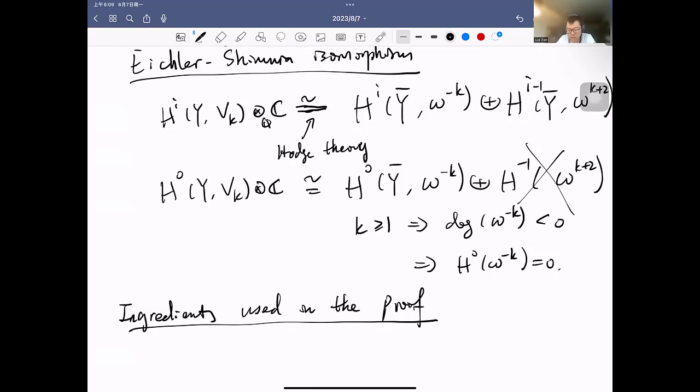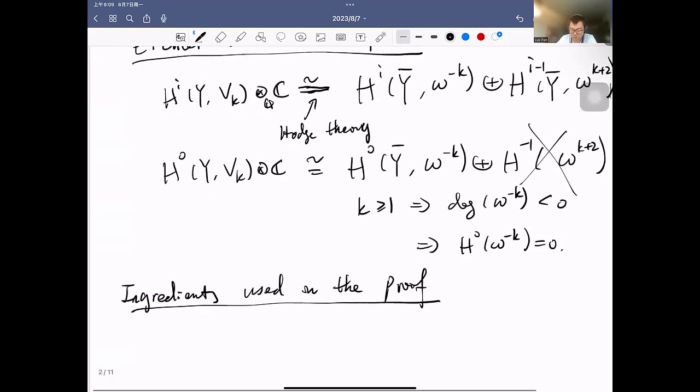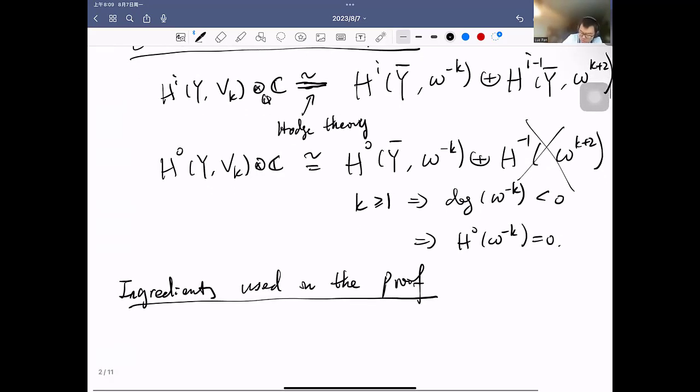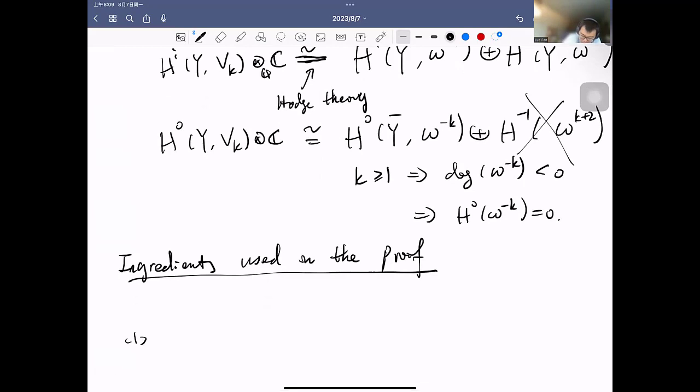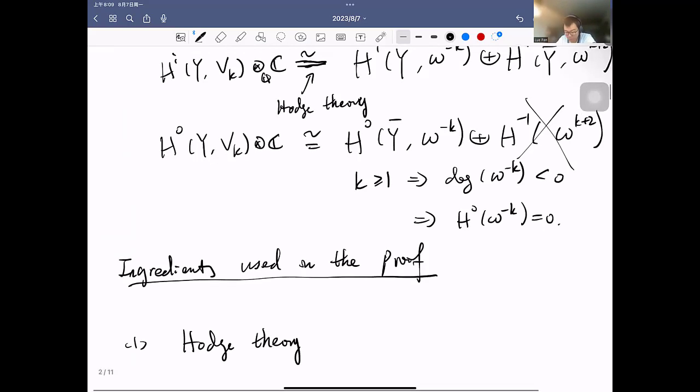This is really some kind of Hodge decomposition. So one main ingredient is Hodge theory, and in fact, using Hodge theory, first we use in some sense Riemann-Hilbert to relate singular cohomology with cohomology of vector bundles with flat connections.